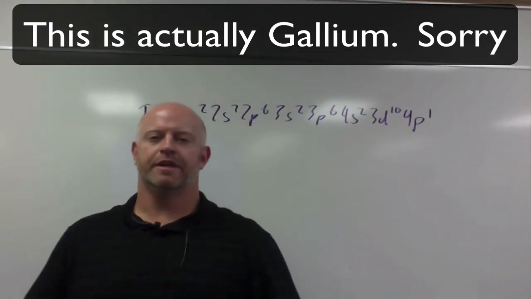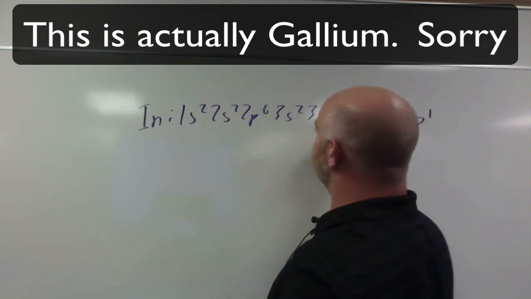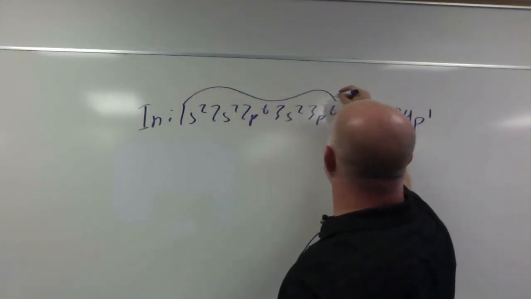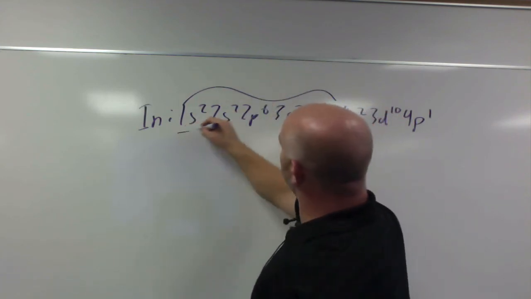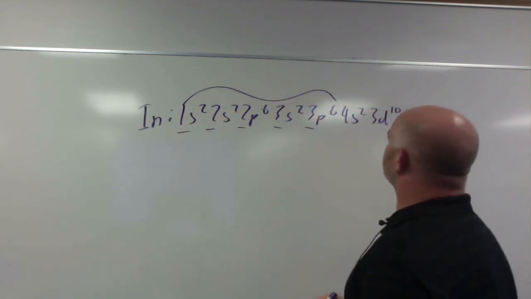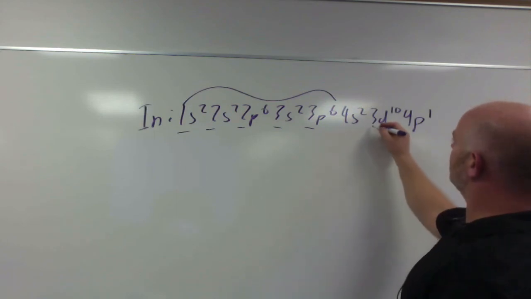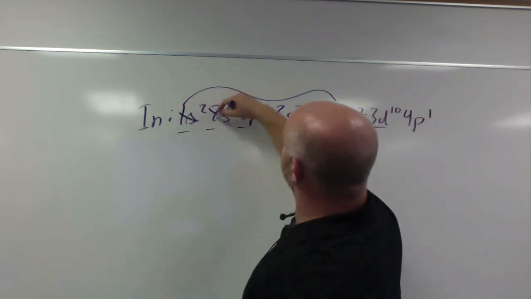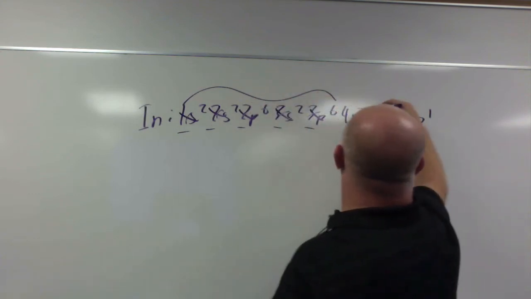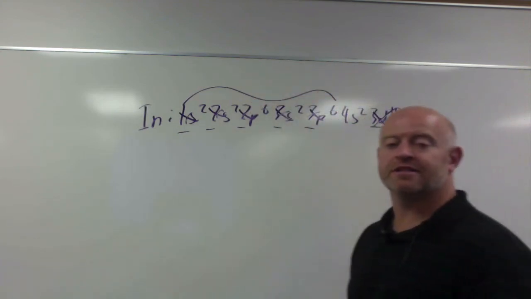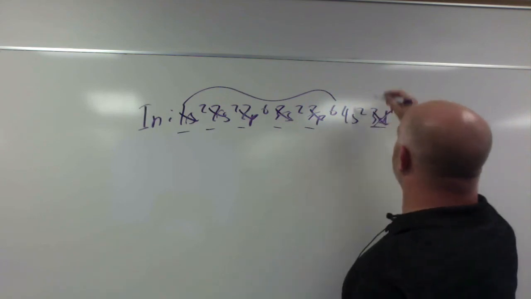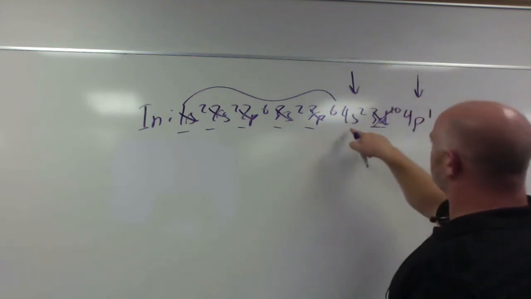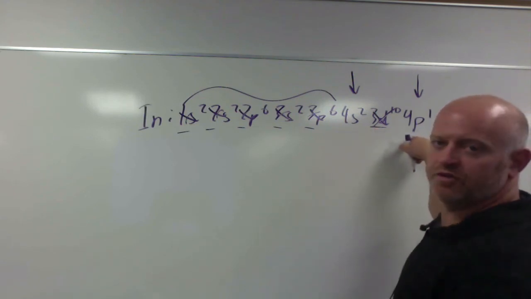So if we take a look at what is going on with our indium in terms of ionization, it's not going to ionize anything through here because these are all 1s and 2s and 3s in terms of its orbitals. So your 1s, your 2s, your 3s are all safe. No ionization there. That's not the outer energy level. However, we do have two different sets of electrons in the fourth energy level.